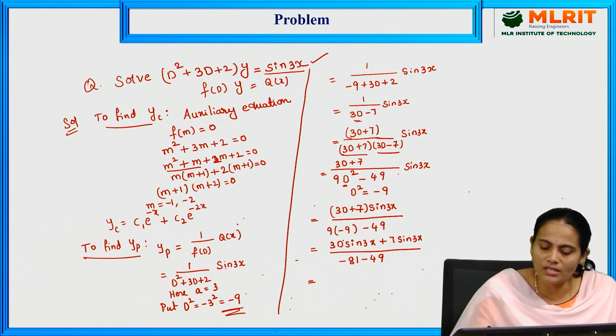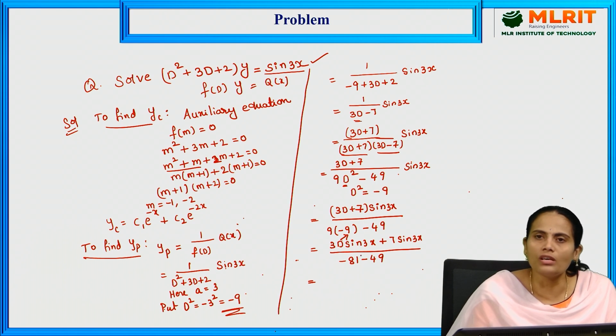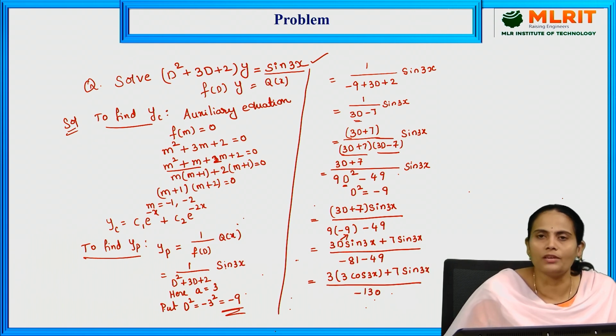What does D stand for? D stands for differentiation. So now we have to differentiate sine 3x. So 3 into the derivative of sine 3x, which is 3 cos 3x, plus 7 sine 3x, whole divided by minus 130.